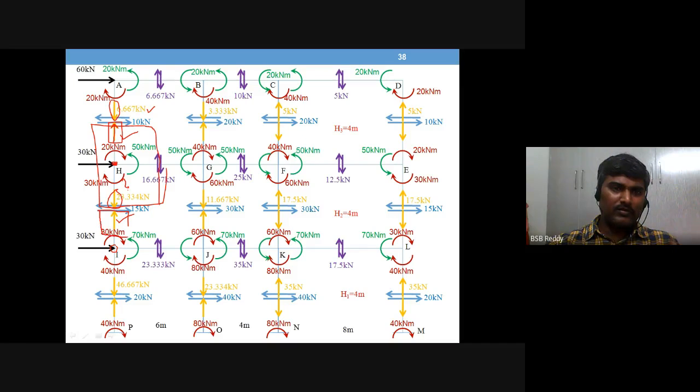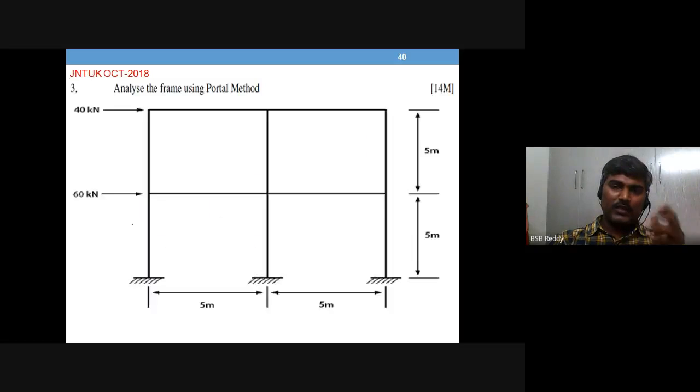This is the easy way of getting the axial load onto the free body diagram. That is what I wanted to give you as one more tip, to easily guess the direction of column axial load when you take the other half of the column from the connecting joint. Okay, right.